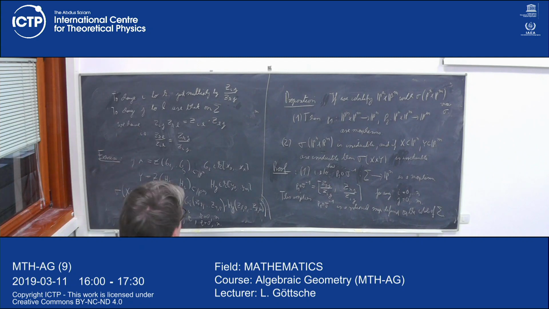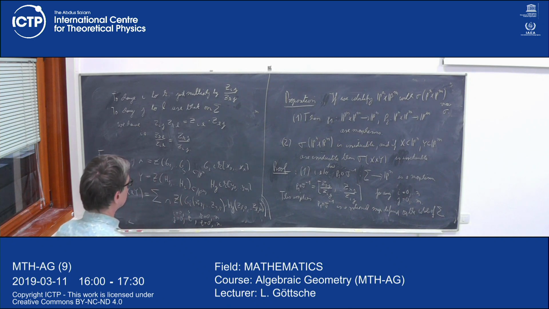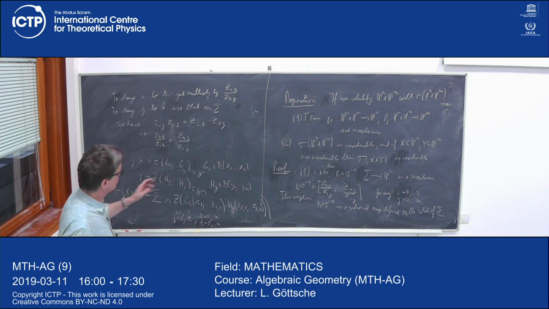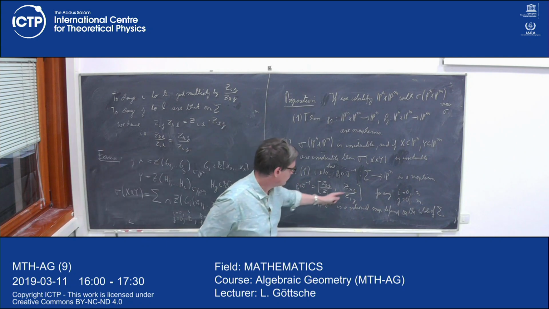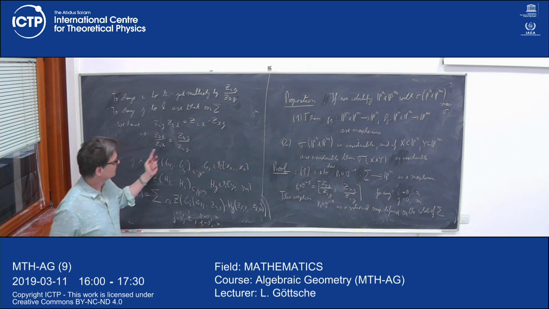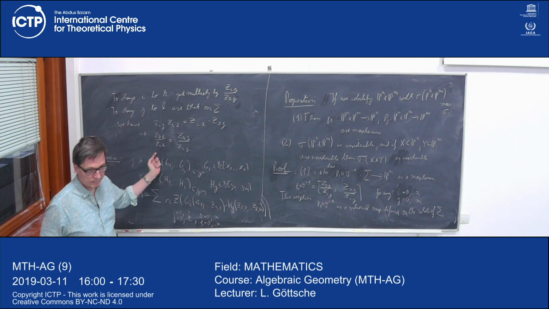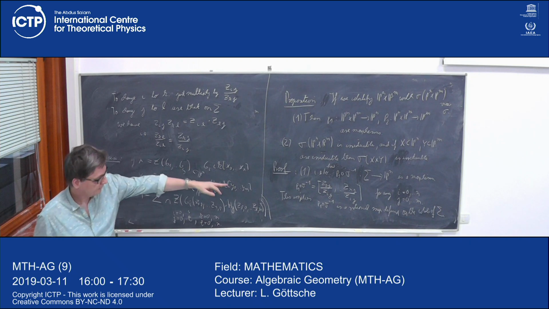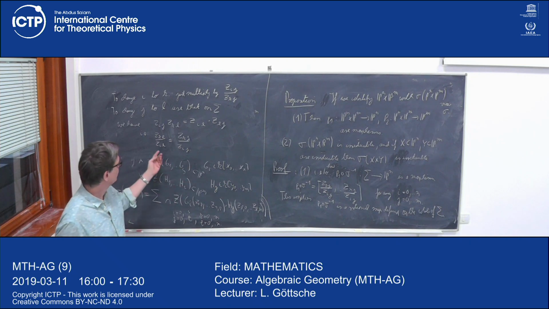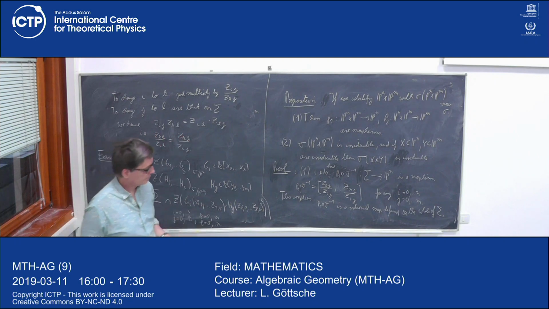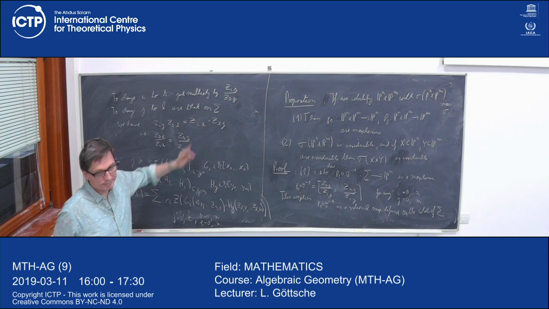Did I get this right? It just means that I can replace the j here everywhere by l, because as a rational function these two are equal on sigma, because of this identity.